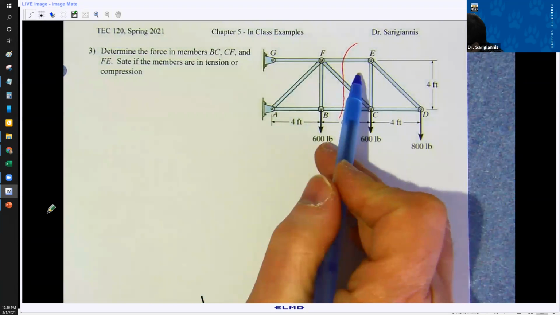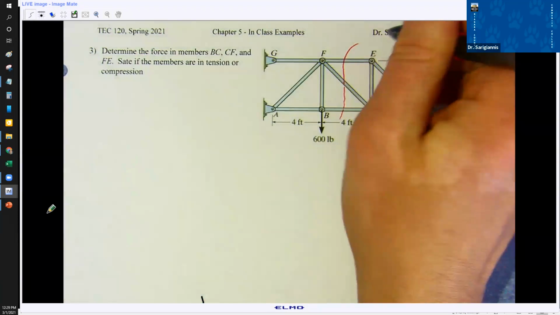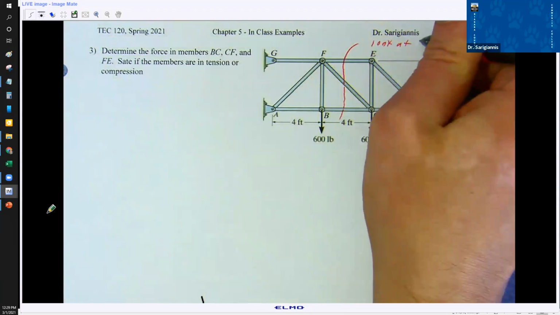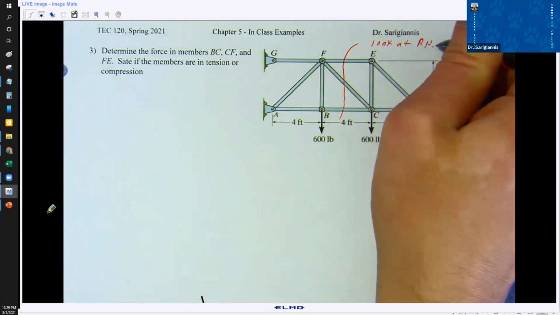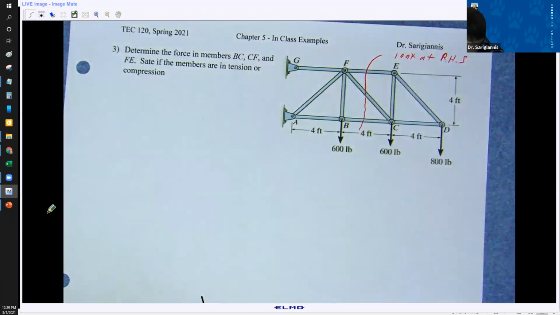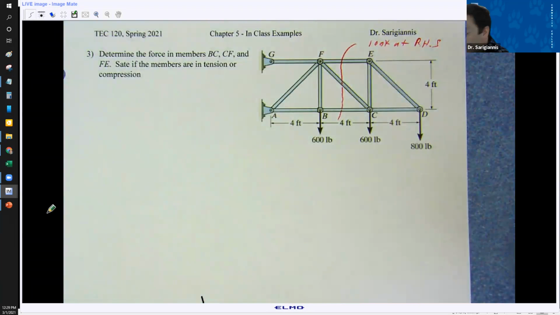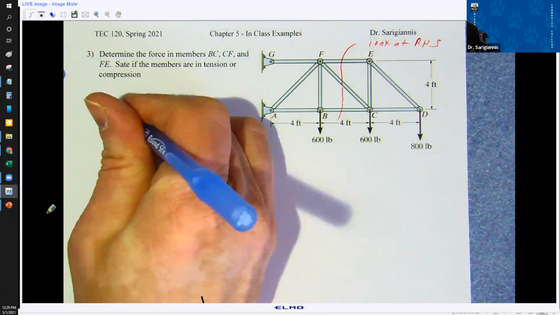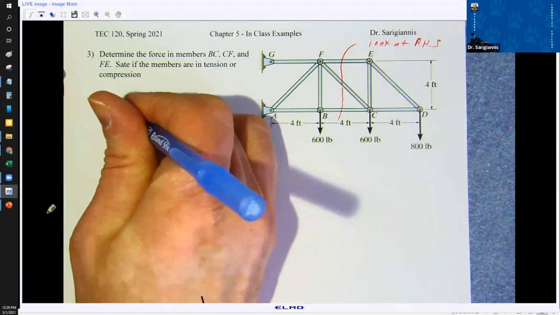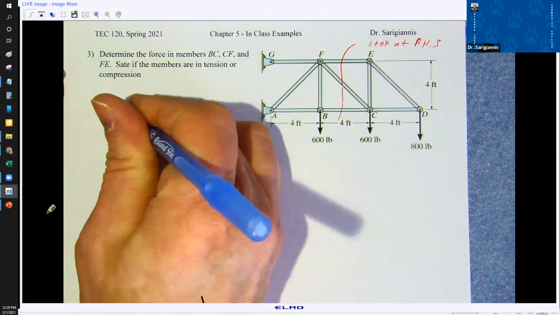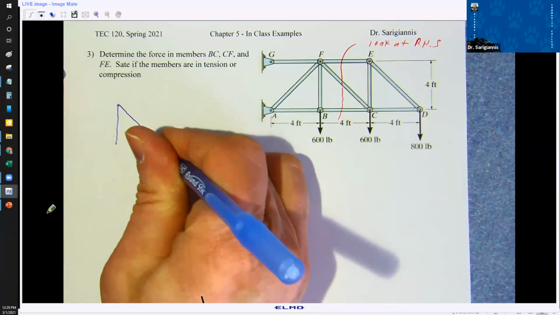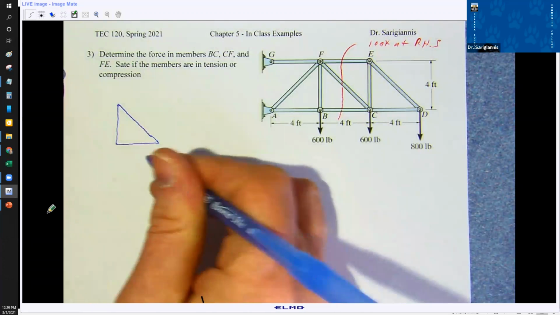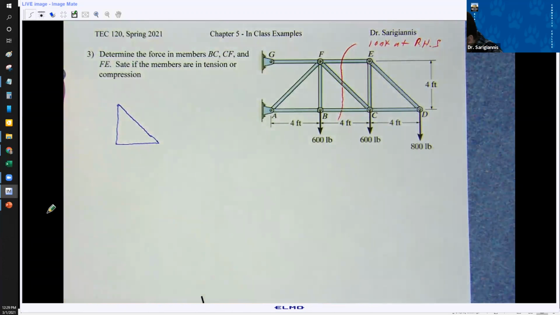So I'm going to look at the right-hand side, right? And I'm going to draw a free body diagram of this. Oh, it's 4 and 4, so it's a fairly, oh, I got to draw the triangle a little better.